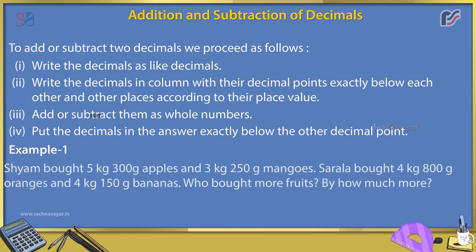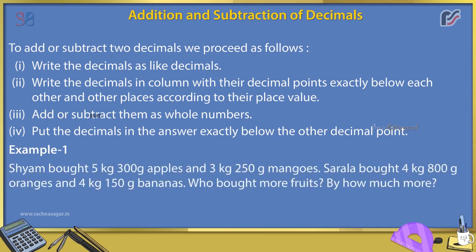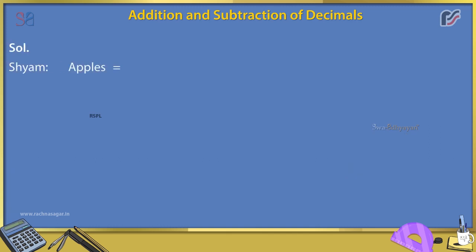Example 1. Shyam bought 5 kg 300 gram apples and 3 kg 250 gram mangoes. Sarla bought 4 kg 800 gram oranges and 4 kg 150 gram bananas. Who bought more fruits? By how much more? Solution. Shyam.